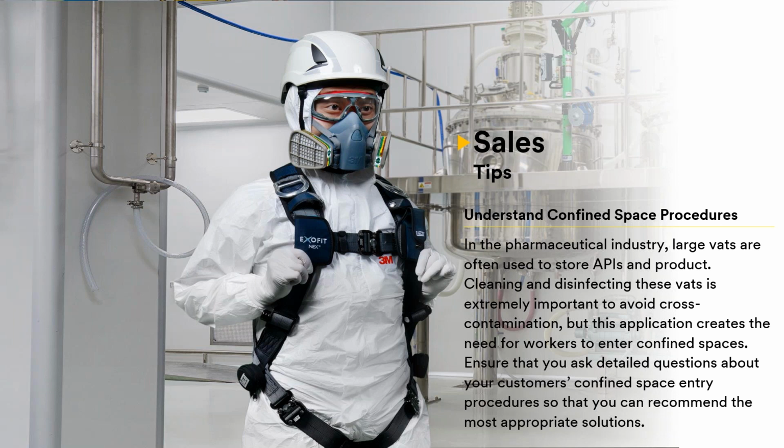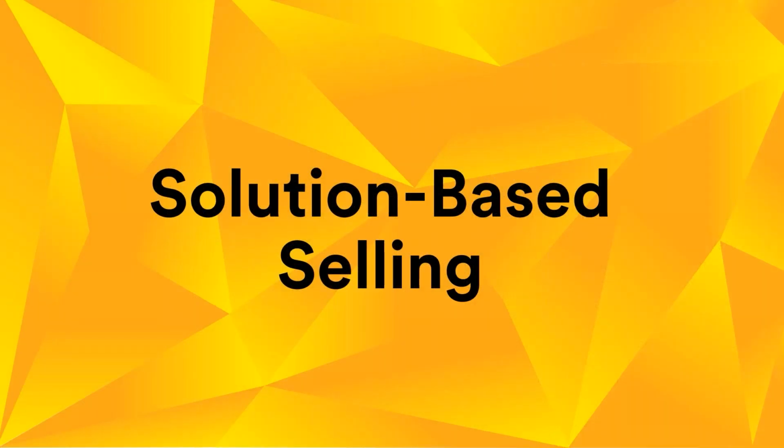So always remember that you've got the power of the 3M DBI brand there to support you. But not only do you have the product, you also have the consultation side of things as well to help you answer their questions and hopefully pull through a sale for you. Next slide.